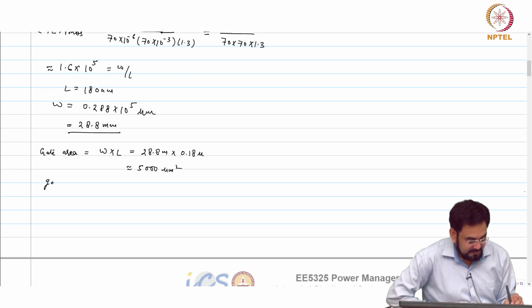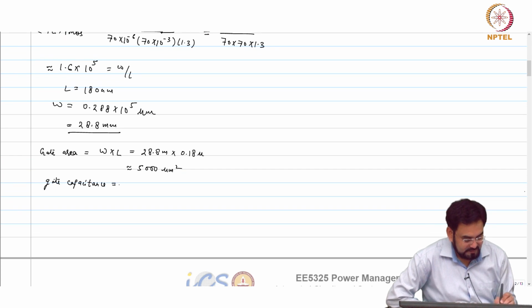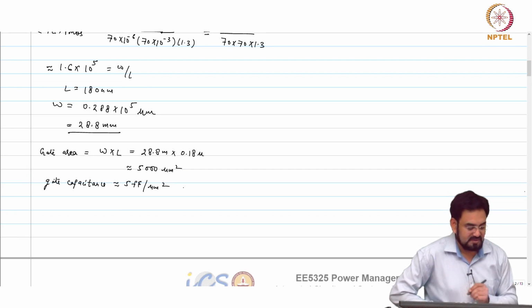So, gate cap. I will approximately write it as 5 femtofarad per micrometer square.